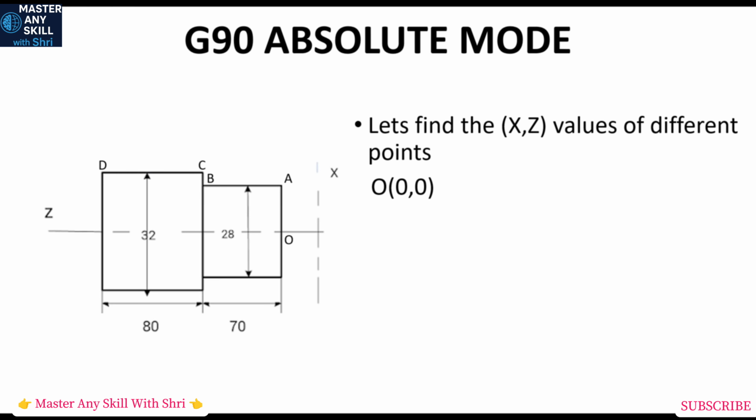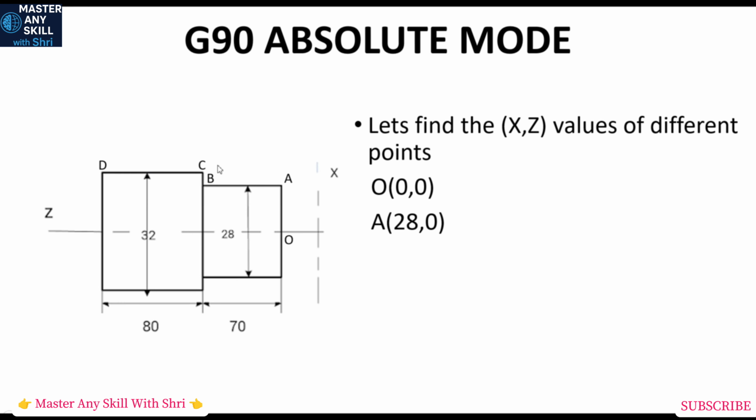X is diameter, and as you can see, at A we have 28 diameter. And what about Z? There is no movement in Z. So our coordinates for point A are 28 and 0. That means the X distance is 28 and the Z distance is 0 from the O point.